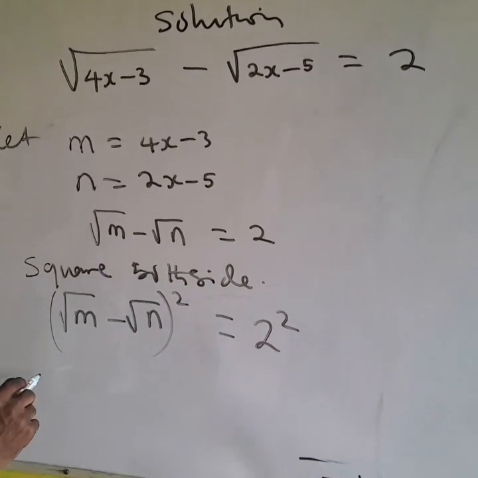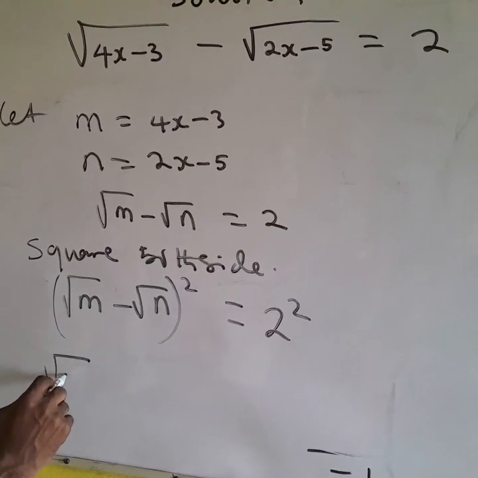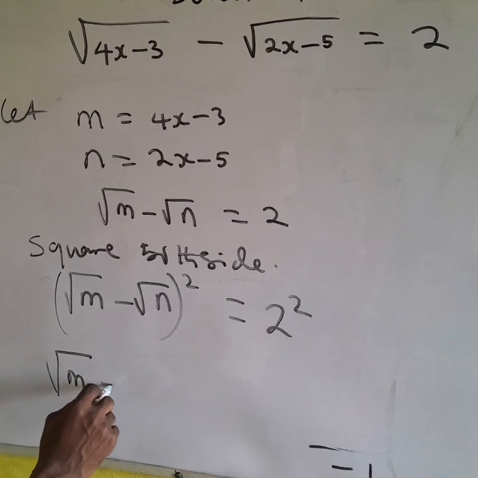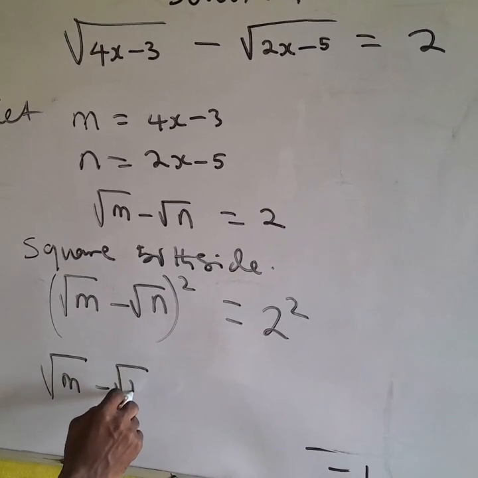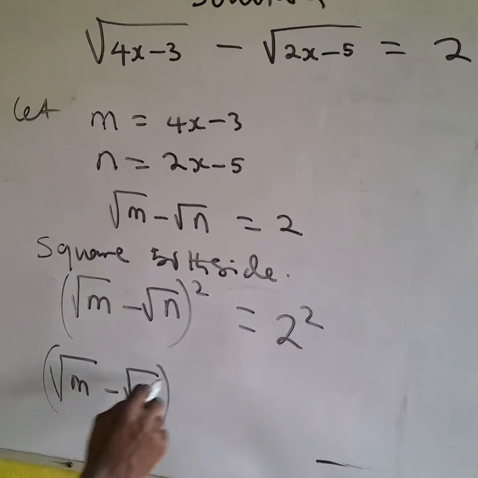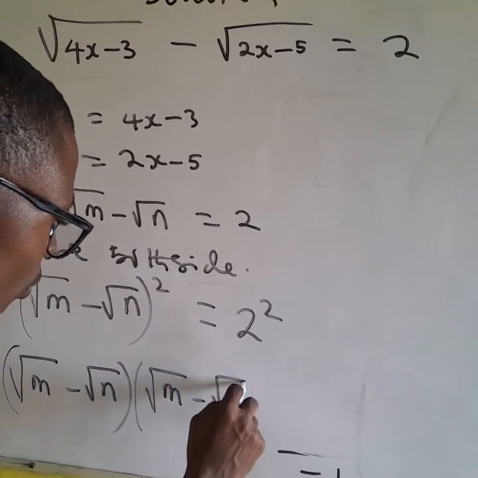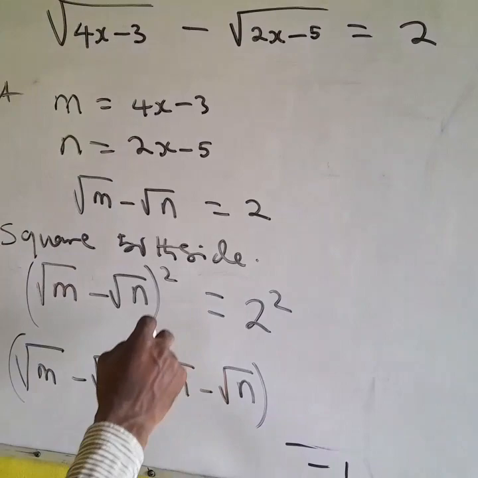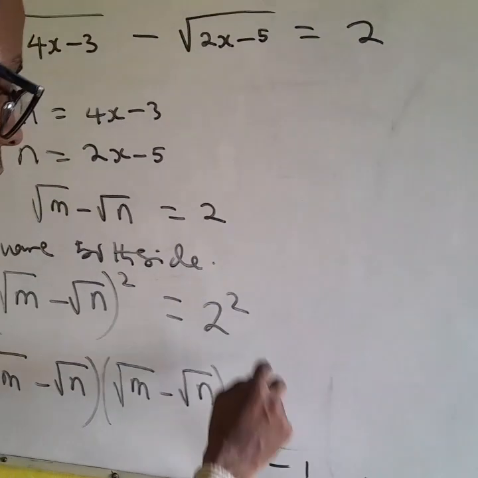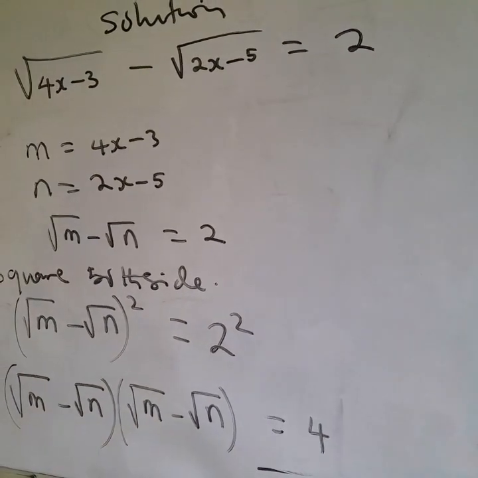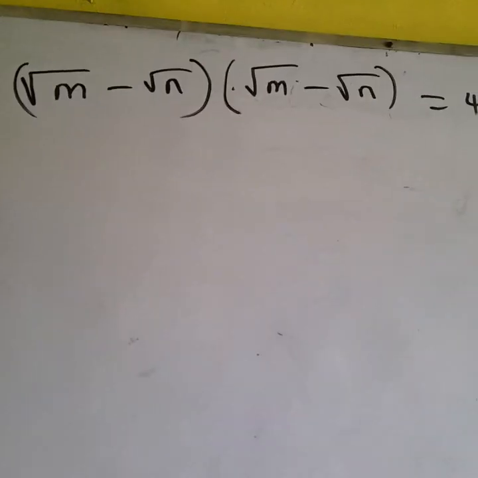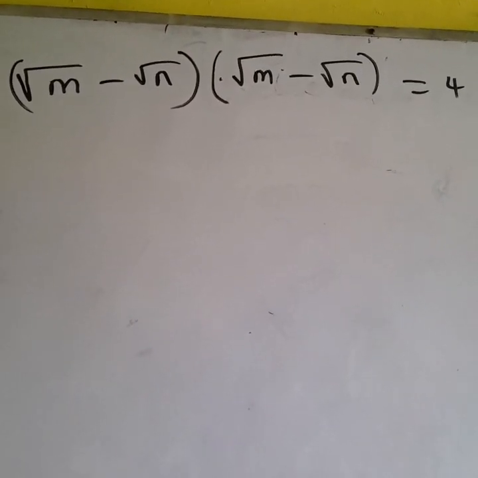This implies root m minus root n times root m minus root n, equal to 4. So from here we can continue.